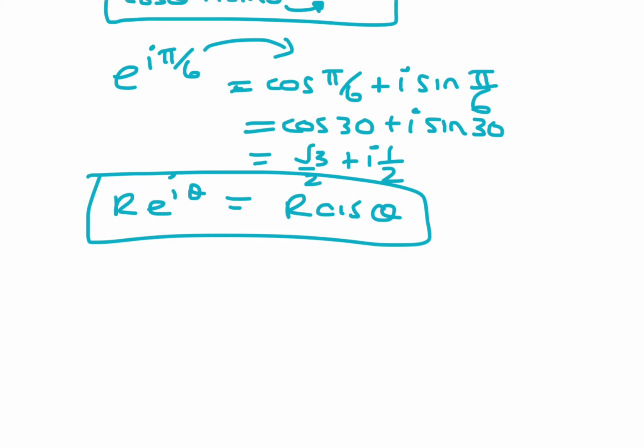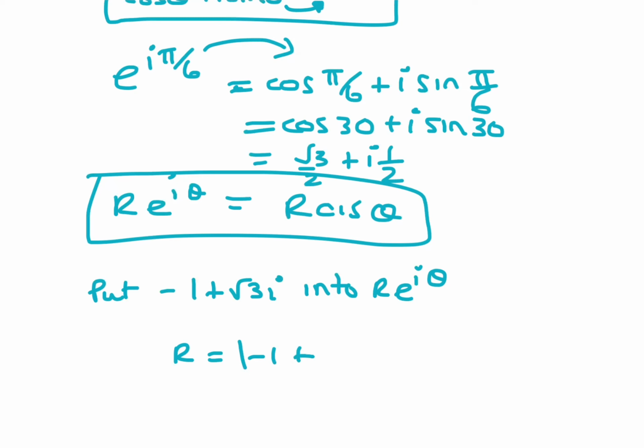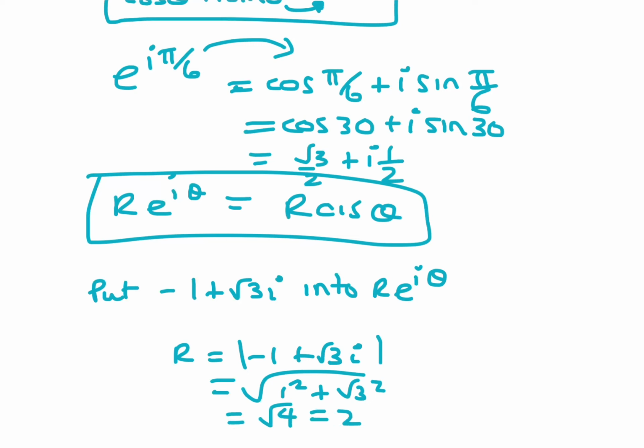So if you wanted to put minus 1 plus, say, root 3i into the form of r e to the i theta, then the r is the modulus of this, which would be 1 squared plus root 3 squared, which is root 4 or 2, and tan theta equals root 3 on 1.